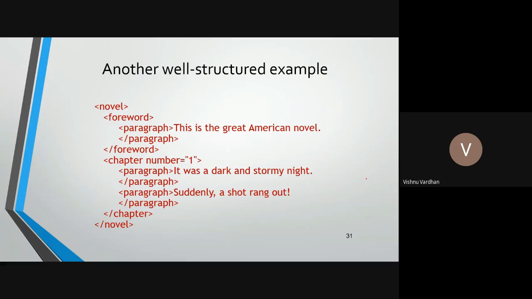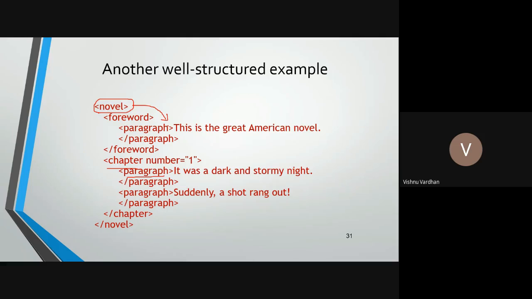This is a very well structured, well formed XML that is given in this screenshot. And then comes this chapter, and chapter contains paragraph, because the novel directly cannot see this paragraph here. So that's what you have to understand again. When you declare the DTD, you have to remember these conditions.